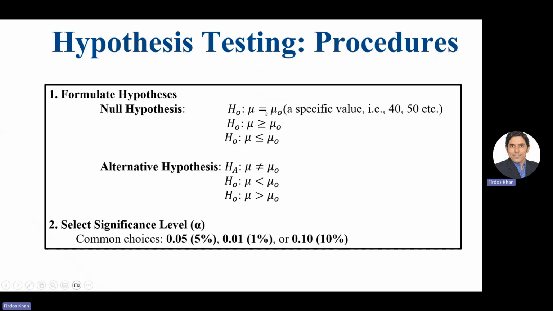If we are talking about income, mu naught can be $40,000 per annum or $50,000 per annum and so on. So these values are just examples of a specific value of mu. So you can formulate the null hypothesis that mu is equal to mu naught.